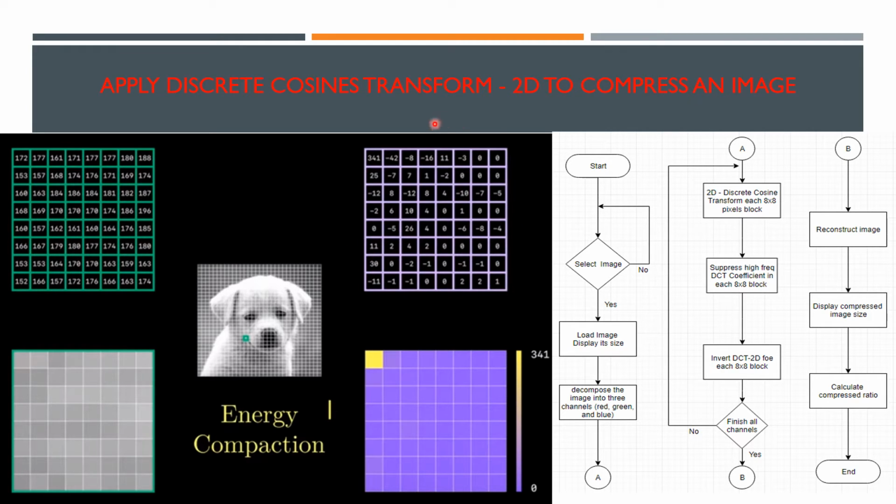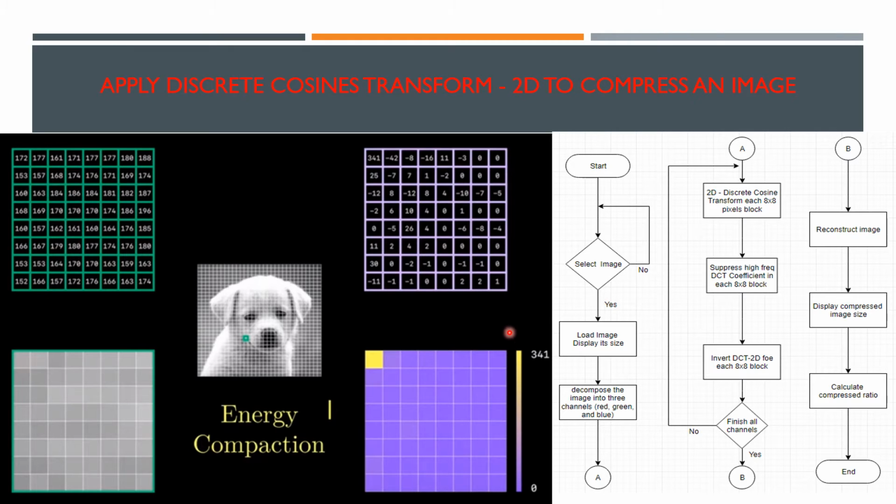The purple matrix is the coefficients. We can see those values on the top left have bigger values than the values on the bottom right. Here, the values in the top left are used for the low frequency, while those on the bottom right are used for the high frequency.